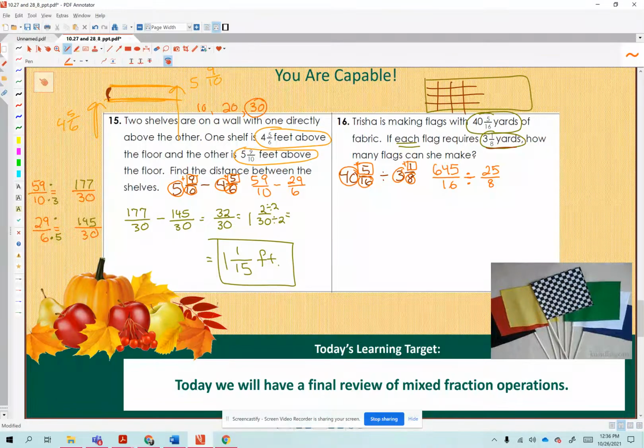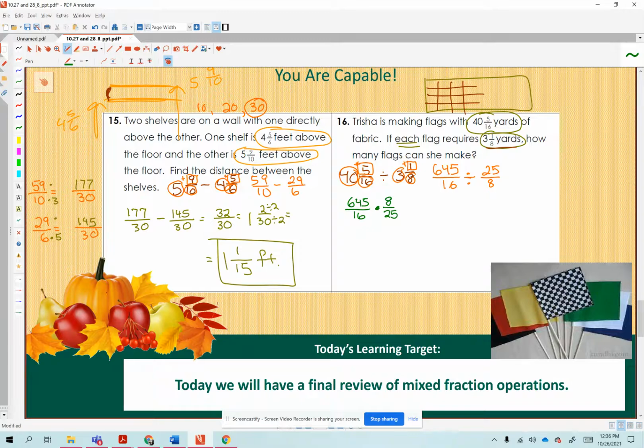So let's rewrite this with our strategy of keeping the first fraction, changing the division to multiplication, and then inverting the second fraction. So we have 645 over 16 multiplied by, and then we invert the second fraction, 8 over 25.